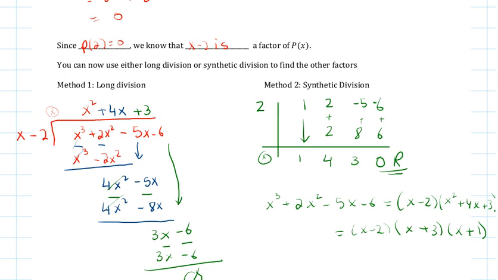If your answer is more than quadratic, for example, if your quotient is cubic, then you might have to do a couple of long divisions or a couple of synthetic divisions, okay? Like the next example. Then you're going to have to find the factors again, and then do another synthetic division, okay?